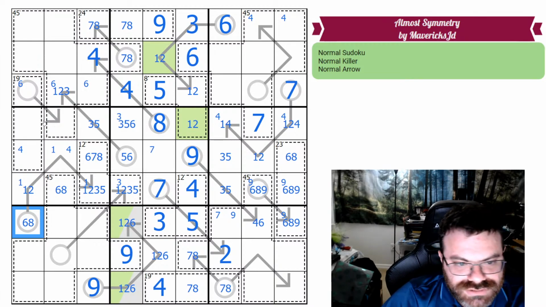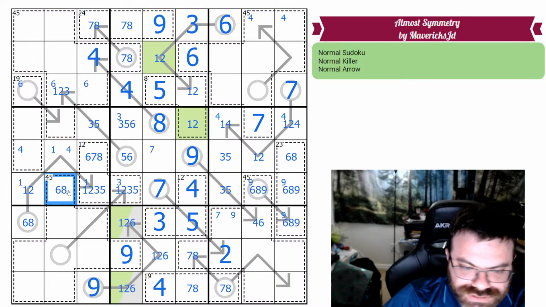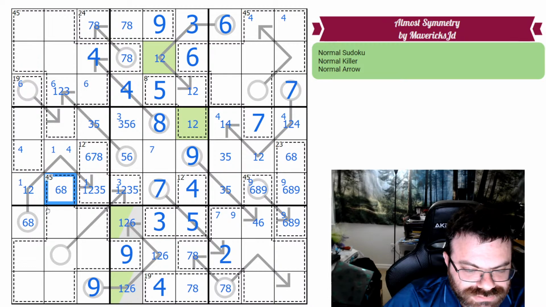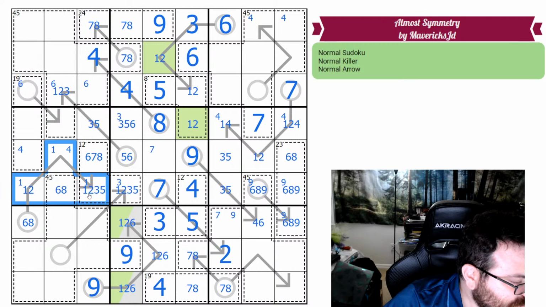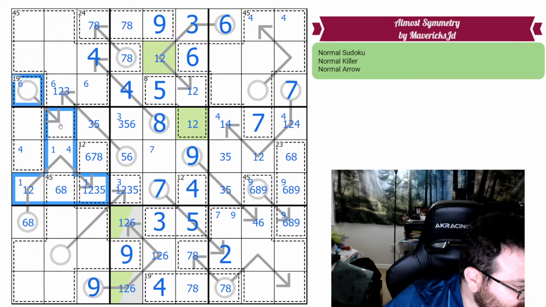Row 6, column 2 is here. And row 6, column 1. Right, these are equal. Row 3, column 1. These are equal.